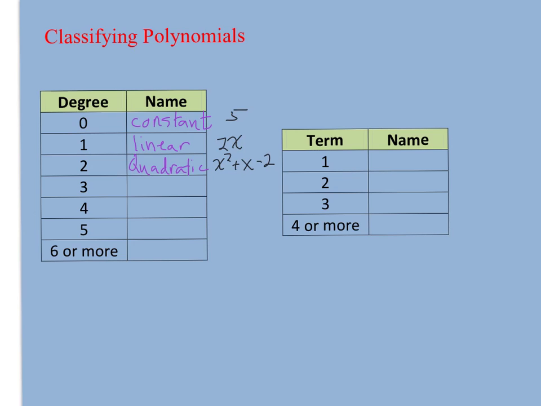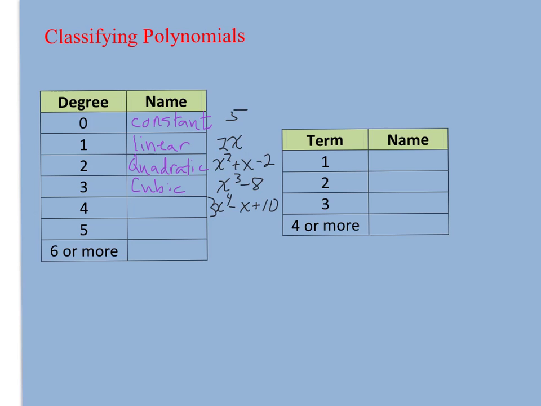If it has a degree of 3, it might look like this, x cubed minus 8. So that polynomial has a degree of 3, and it is a cubic. If it has a degree of 4, you get the idea. It would start to look like something like this, 3x to the 4th minus x plus 10.